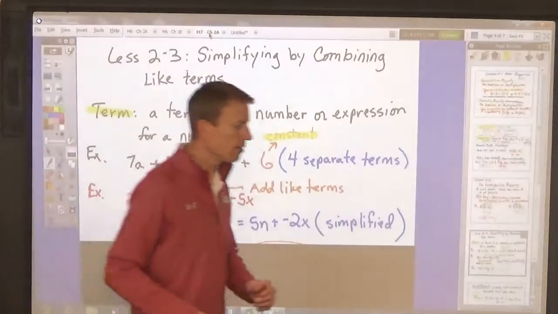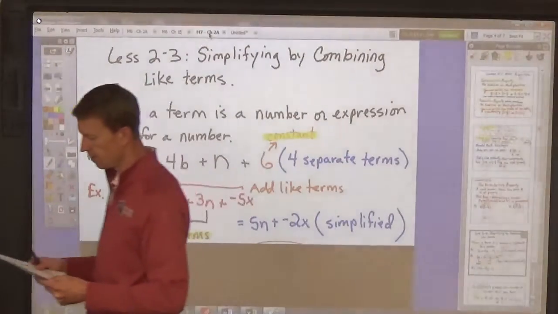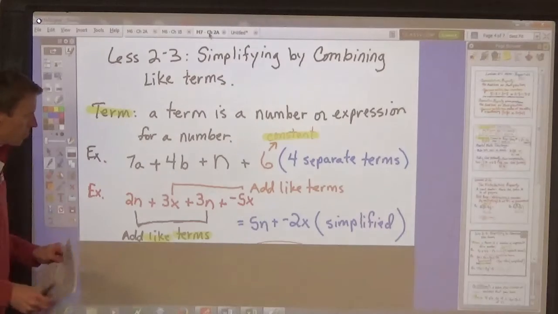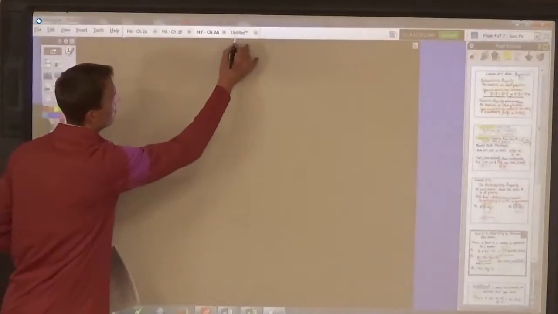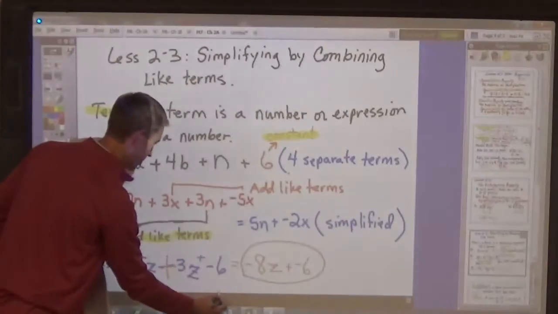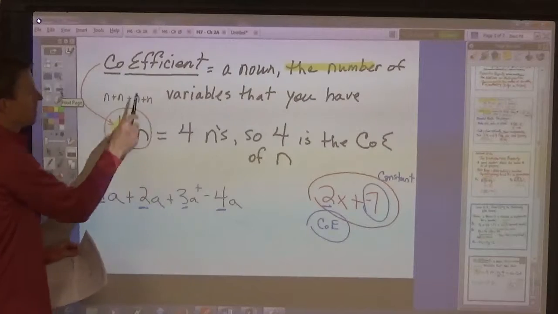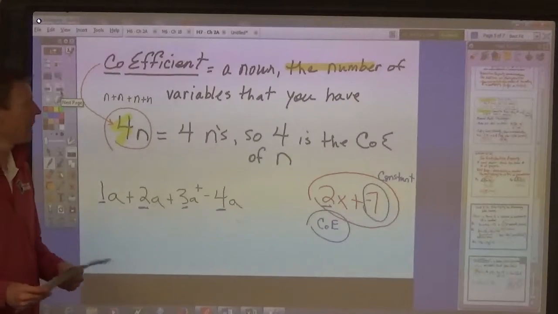So, for your assignment, there's one other term you have to know. It's on the next page. This is the next term, the coefficient. While you're writing this term down, I'll hand out your assignment.